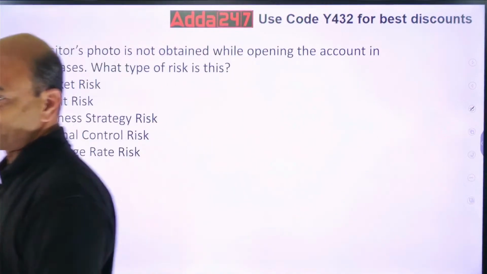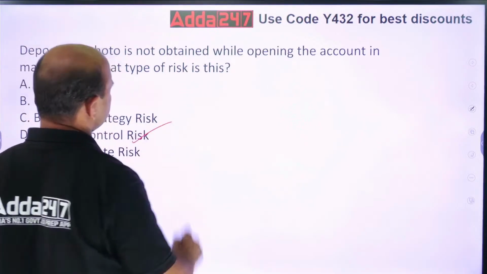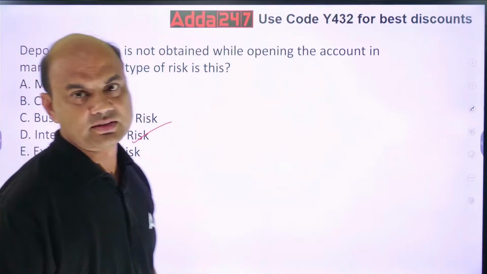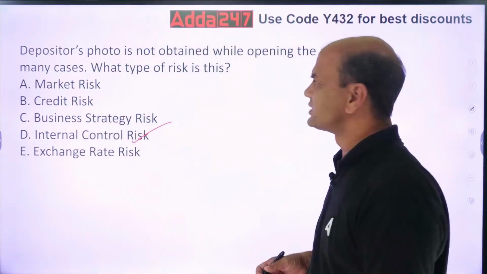It is a very simple and basic question, but required. The depositor's photo is not taken, so it's an internal control based risk, because the remaining are all related to finance. This is basically compliance and basic internal control. You are not following the systems.